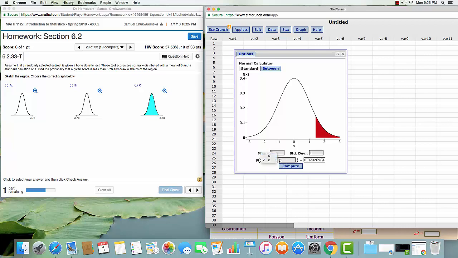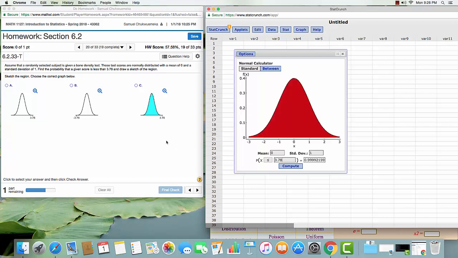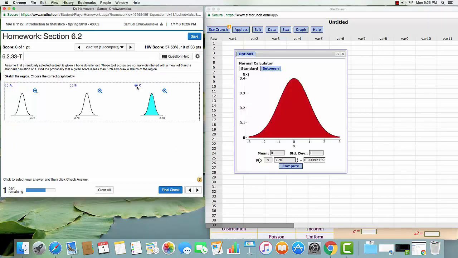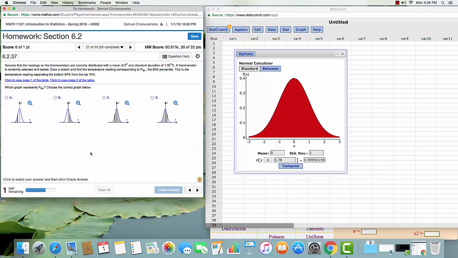Just do less than. You put here 3.78. Enter. Okay, that's this. And the probability is 0.9999. Question 21.